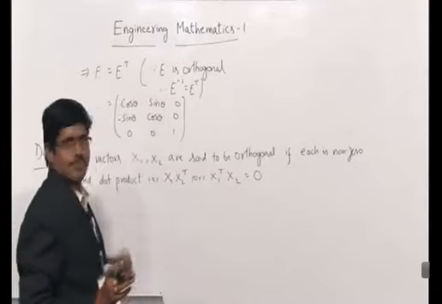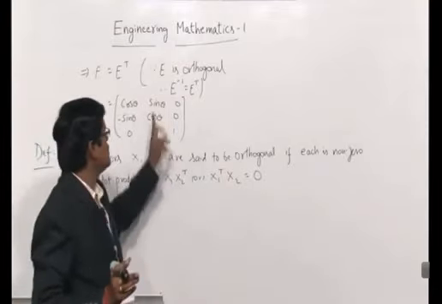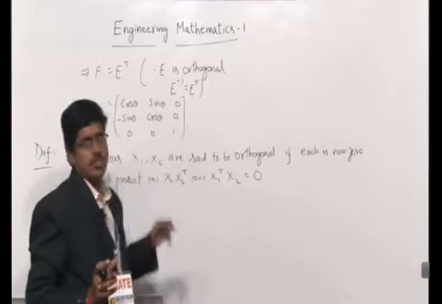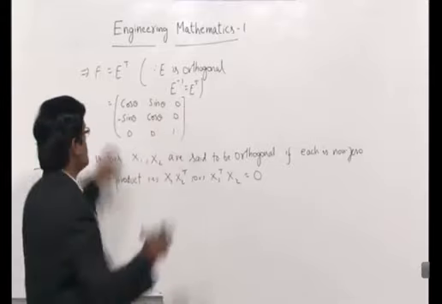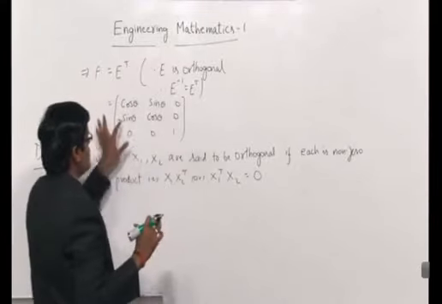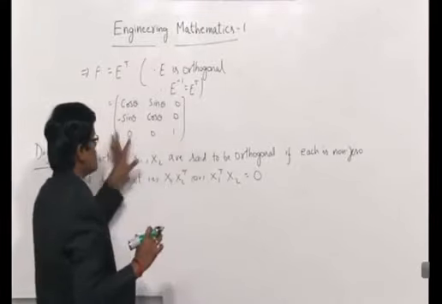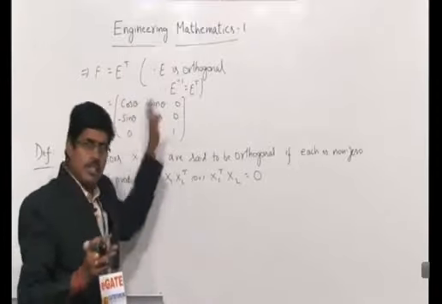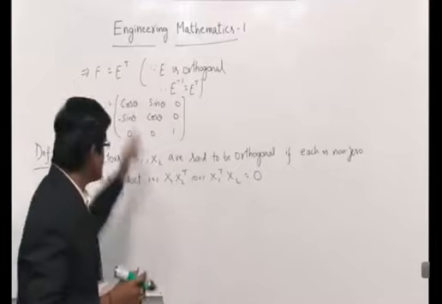Each is non-zero. Like this second column, third column: this into this 0, plus this into this 0, plus this into this 0. So which gives 0. Similarly, you can check the first and last column: cos theta into 0 is 0, minus sin theta into 0, plus 0 into 1 is 0. So all the columns in this matrix, and similarly the rows also, are orthogonal. Each is non-zero.